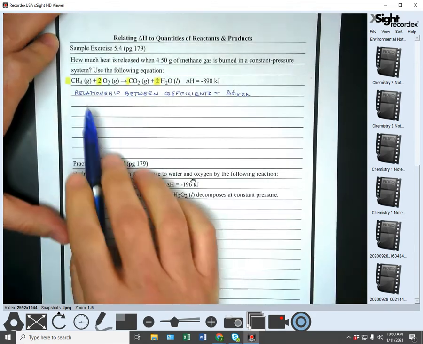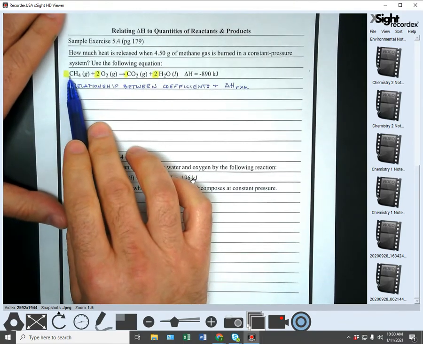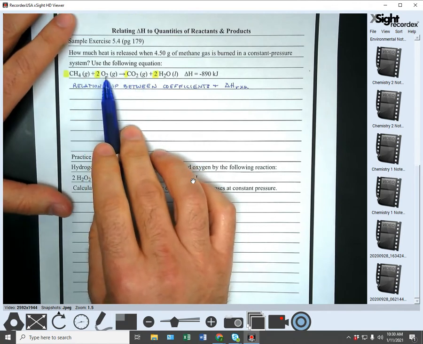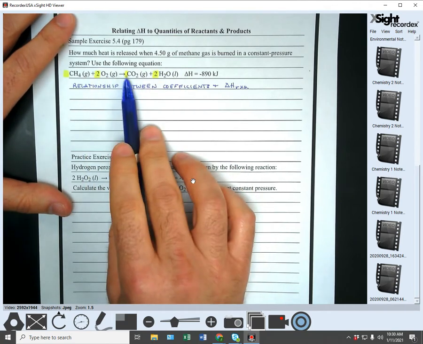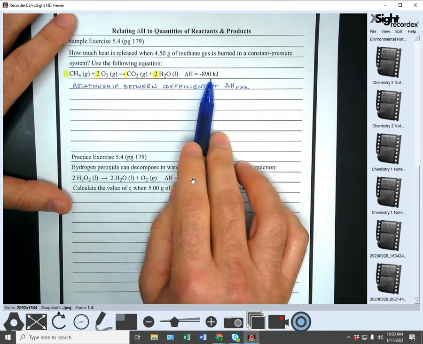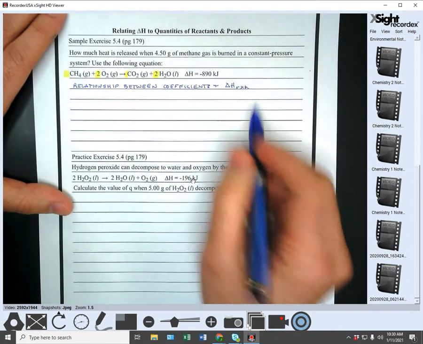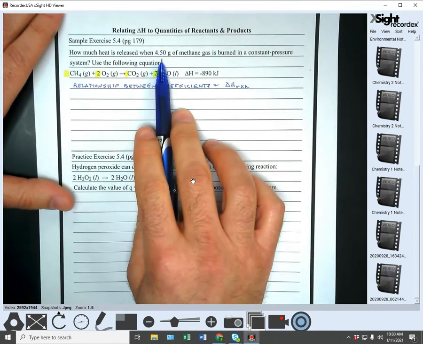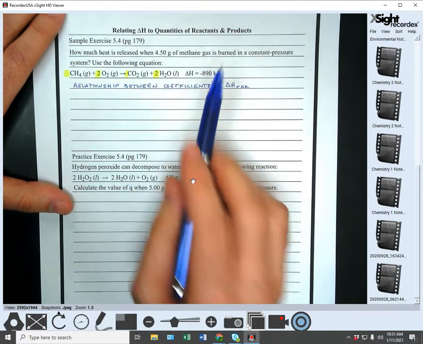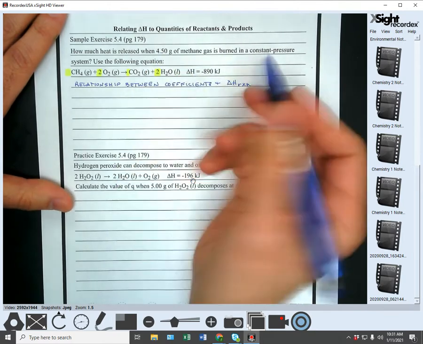So this tells us that for every 1 mole of CH4 and 2 moles of oxygen, producing 1 mole of CO2 and 2 moles of water, this amount of energy is released. So if we want to calculate how much heat is released when 4.50 grams of methane gas is burned, then all we're really doing is a conversion, like dimensional analysis, like we've been doing.